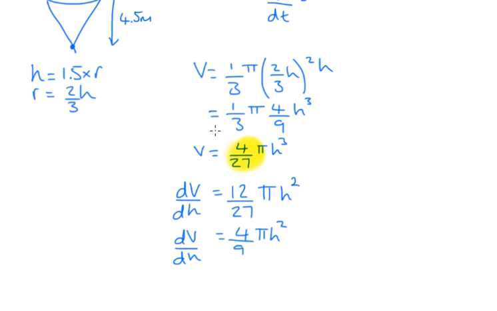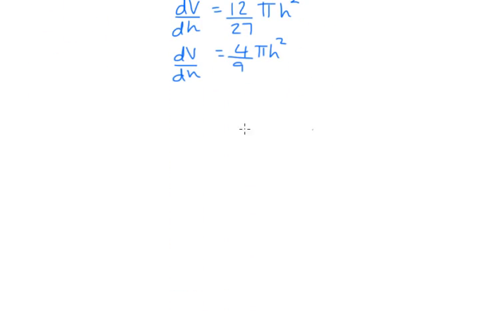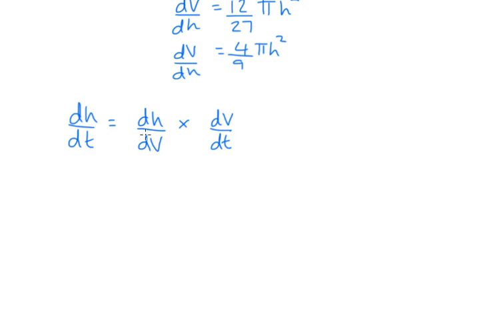We're after dh by dt. dh by dt can be found by taking dh by dV and timesing by dV by dt. And we have those two things now. Or, well, we've got the reciprocal of this one.